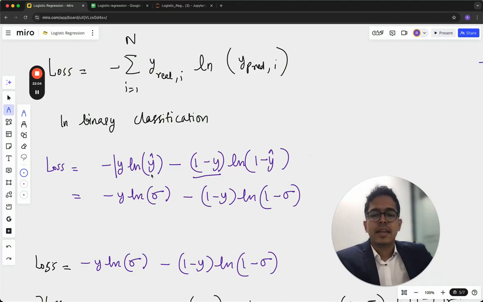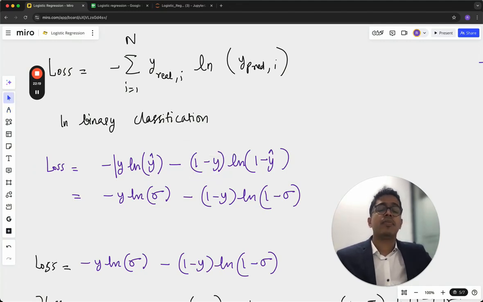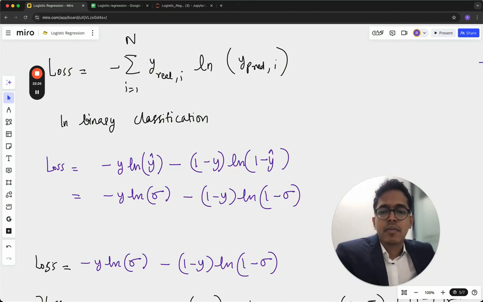And if the predicted probability for the particular data point to be in class 1 is y cap, then the probability for it to be in class 2 is 1 minus y cap. So the fairly straightforward expanded version of the cross entropy loss is: minus y times logarithm of y cap, minus 1 minus y times logarithm of 1 minus y cap.